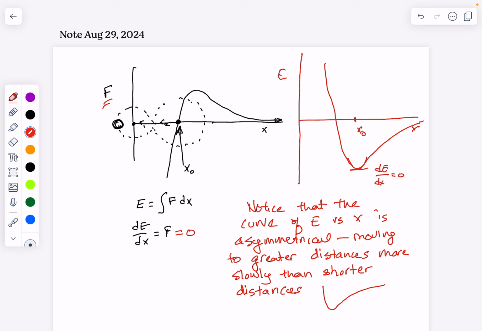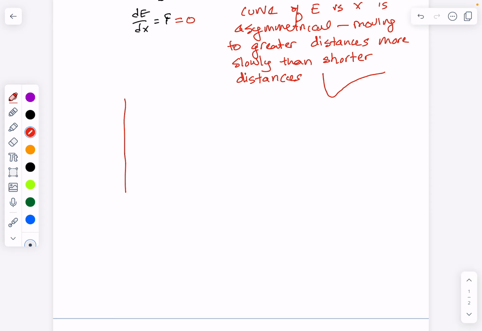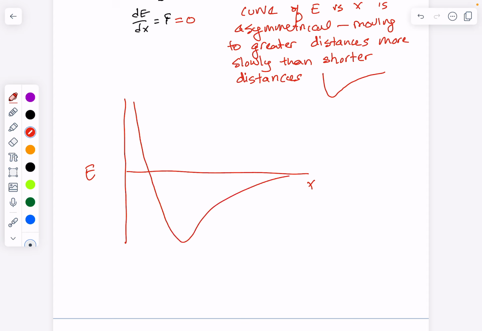Another way of thinking about this bond energy curve, let me just redraw it down below so I have a little more room. We've understood that it reaches a minimum, and it moves off asymmetrically to the right. This minimum occurs at the equilibrium spacing between two adjacent atoms.